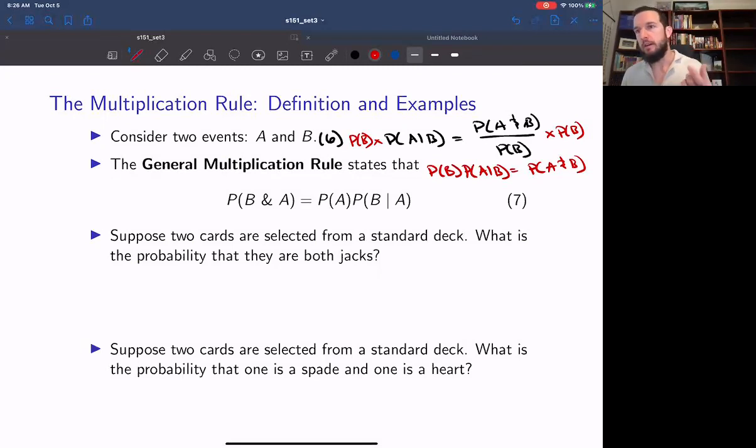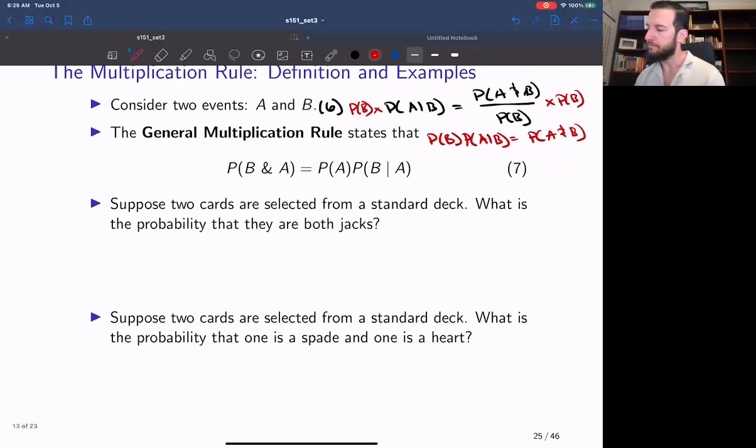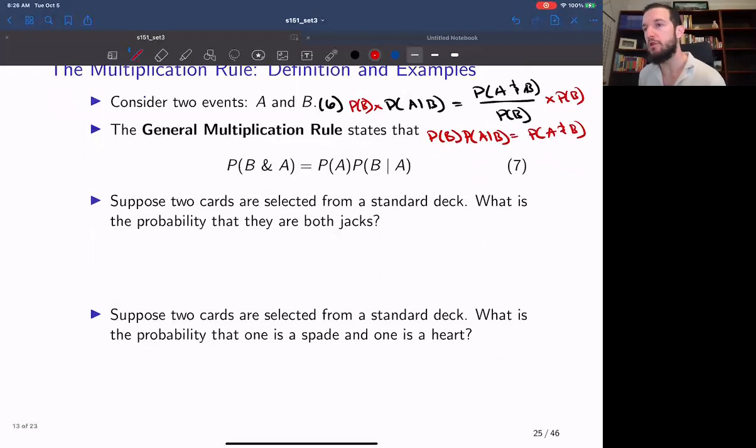Now, the idea here is the general multiplication rule would apply when you have one event that changes the size of the sample space for the next event. So for example, suppose that we were to draw 2 cards out of a standard deck, but we don't replace the card. After we draw the first card out of the deck, we have now changed the total number of cards that remain in that deck, right?